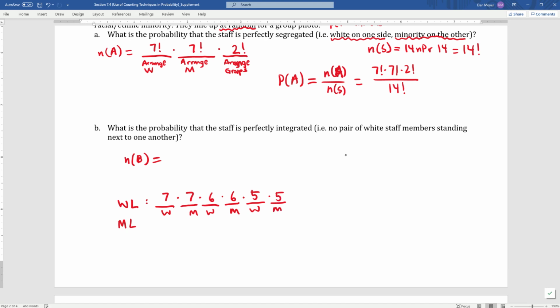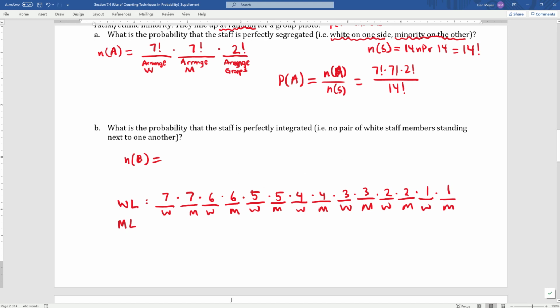There's 5 minorities left. And then 4 white people, 4 minorities. Next person has to be white. There's 3 left. And then a minority. There's 3 minorities left. And then 2 white people, 2 minorities, and then the last 2, there's one white person left and 1 minority left.